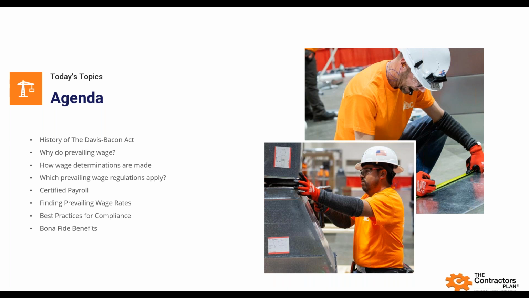We'll cover how the wage determinations are made, which prevailing wage regulations apply, and certified payroll, which is obviously a key piece to all of this, what that means and where it comes from. Then, as Alex mentioned, at the end he's going to go through that in a bit more depth, actually demoing Foundation's capabilities, where to find prevailing wage rates, and some best practices, especially around bona fide benefits.